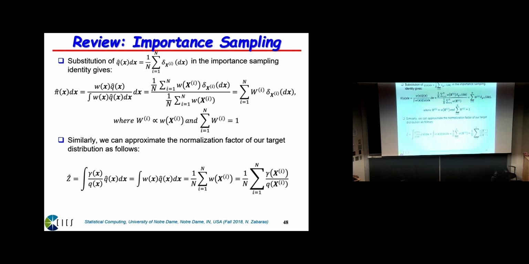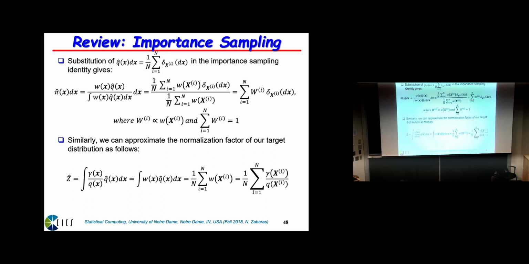The only thing we do is use the empirical measure for Q. If you put this Q to be 1 over n times this summation of delta functions, then you get 1 over n times the W's computed at the x_i's.